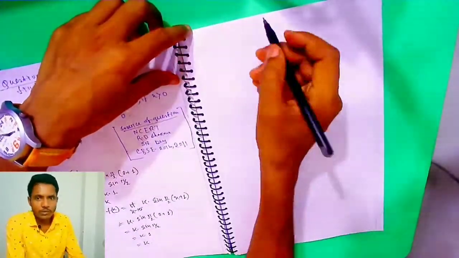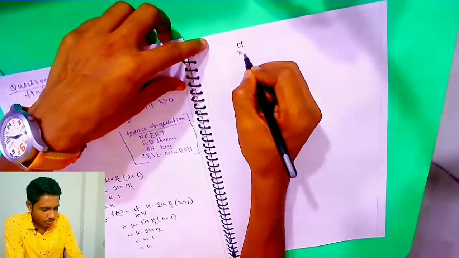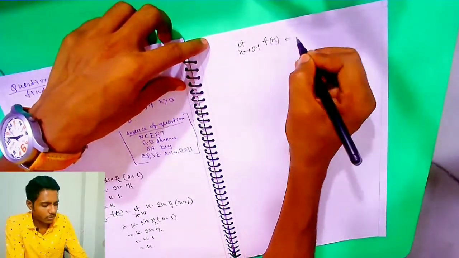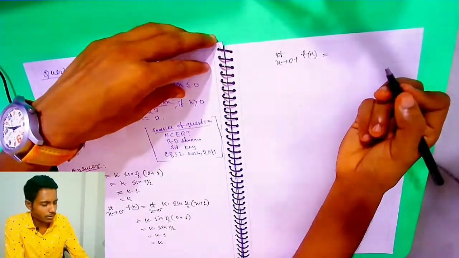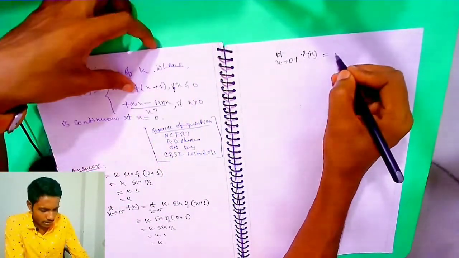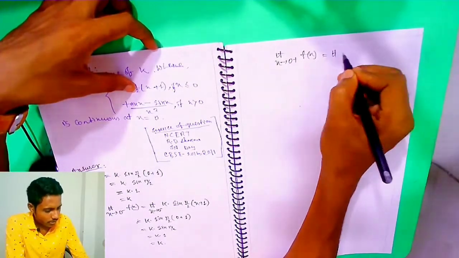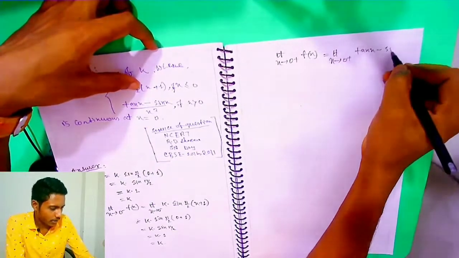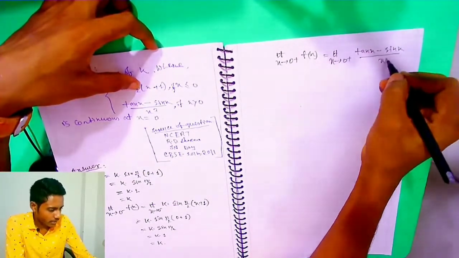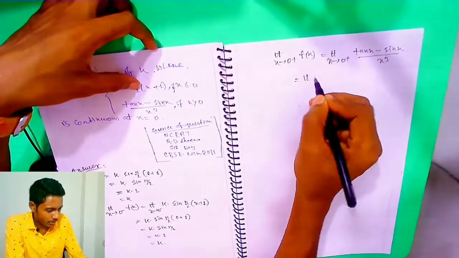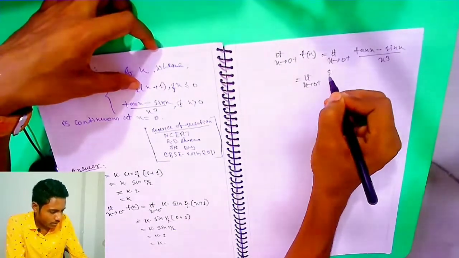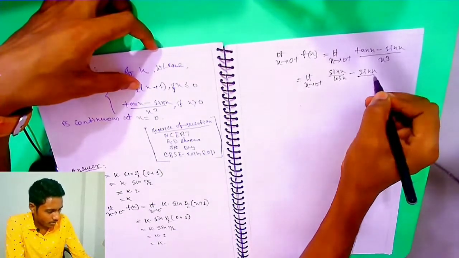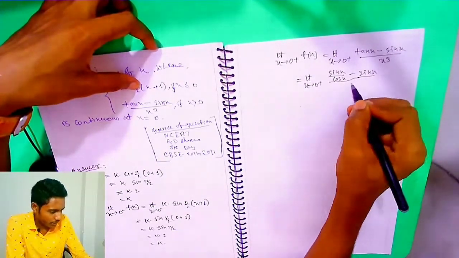Now limit x tends to 0 plus f(x) is equal to, by definition, limit x tends to 0 plus (tan x minus sin x) by x cube. This is equal to limit x tends to 0 plus (sin x divided by cos x minus sin x) whole divided by x cube.